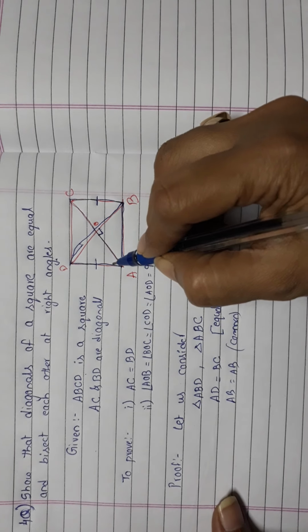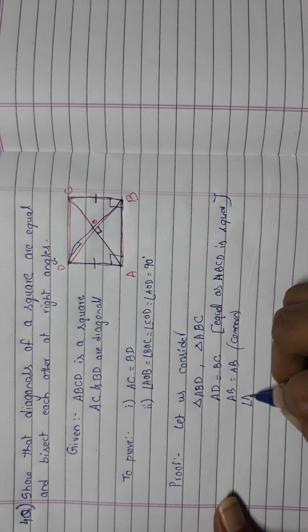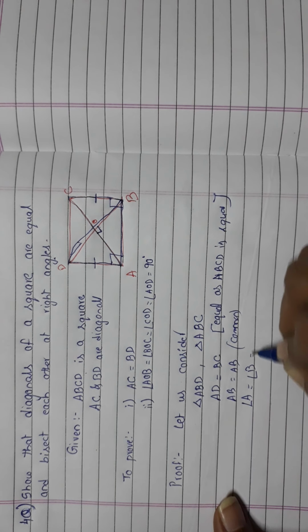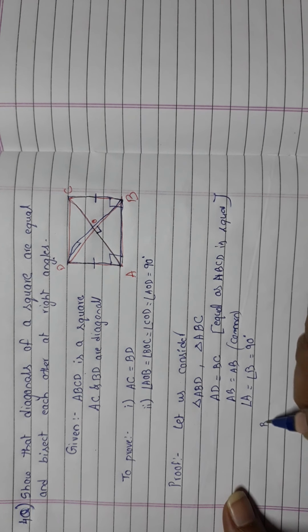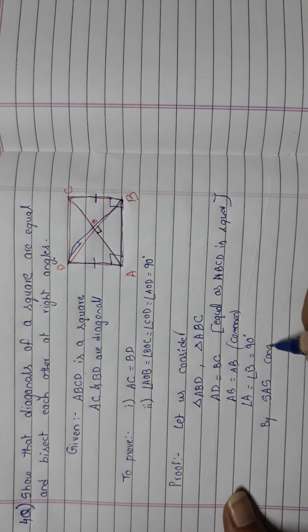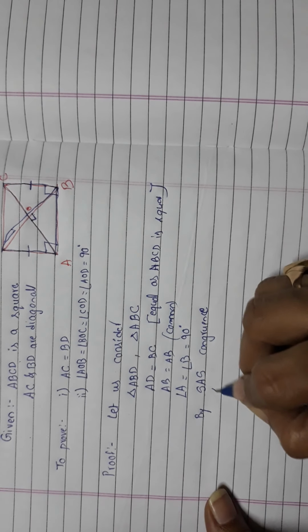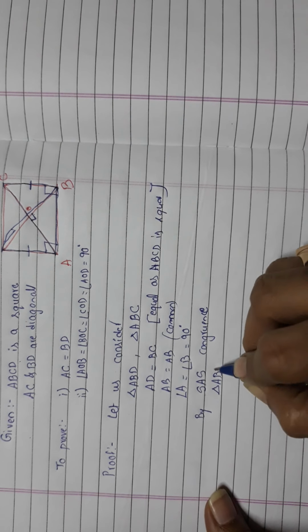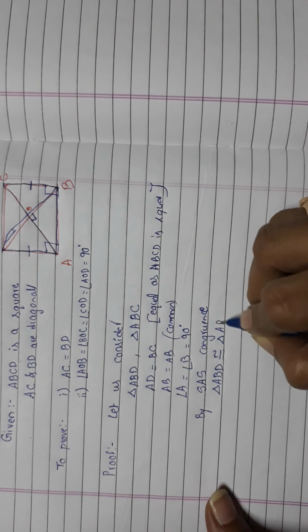And you know, in a square each angle is 90 degree. So therefore angle A is equals to angle B is equals to 90 degree. So therefore by SAS congruence condition, triangle ABD is congruent to triangle ABC.